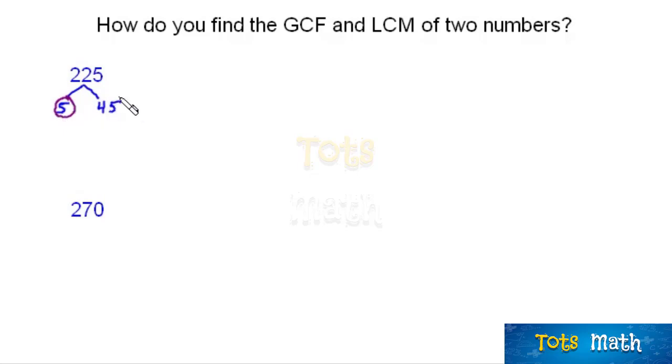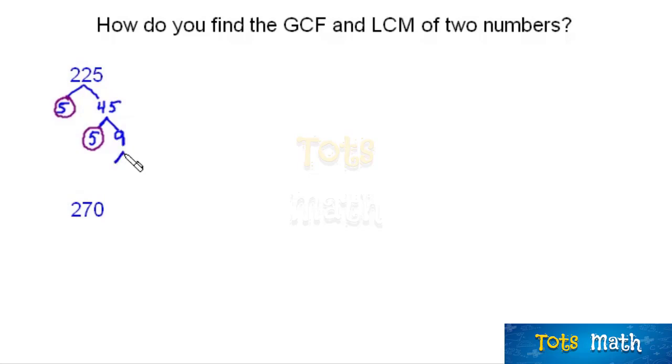The number 45 is not prime. It has more factors, so we can continue to break down this number. I know that 5 times 9 will give me a product of 45. We know that 5 is a prime number, but 9 has more factors.